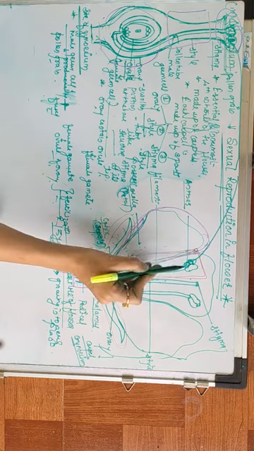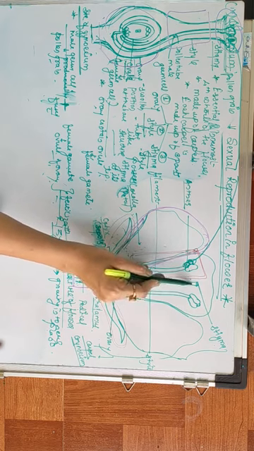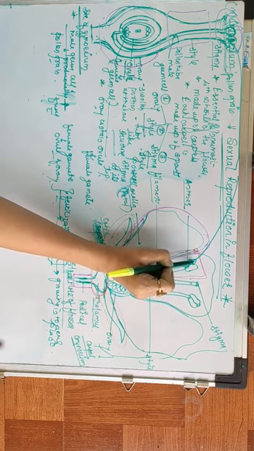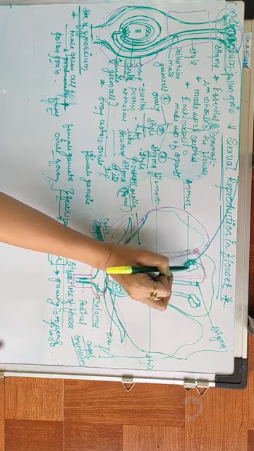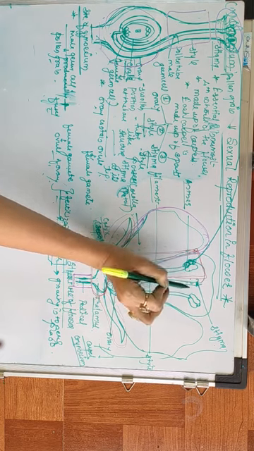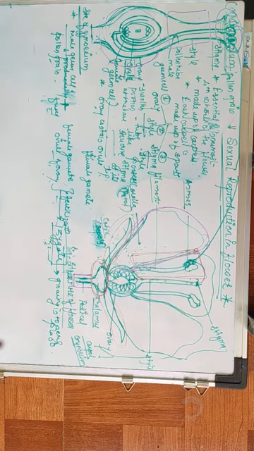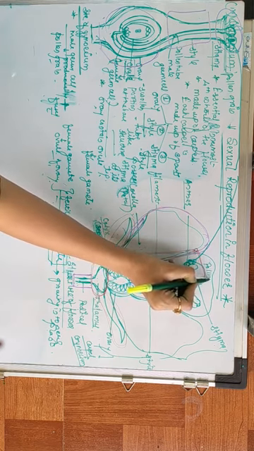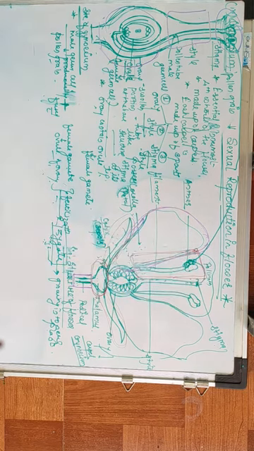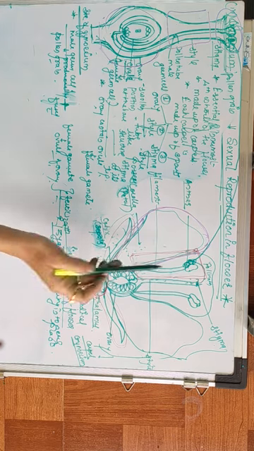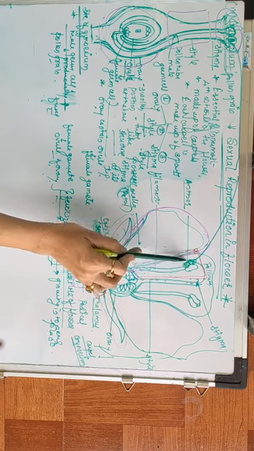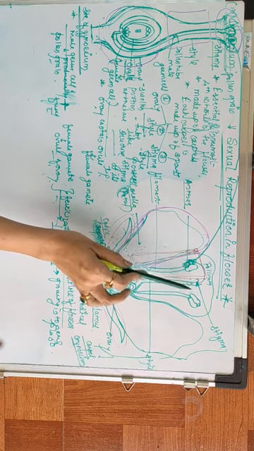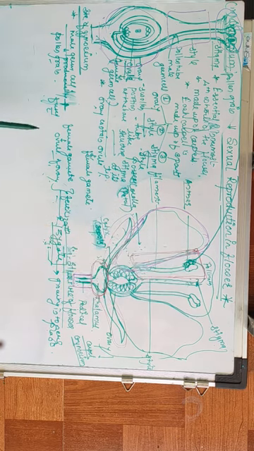You can see the pollen grains and this is the stigma. So these pollen grains are transferred from the anther to the stigma of the flower. That process is known as pollination. What do you mean by pollination? The transfer of pollen grain from anther to the stigma of the flower.